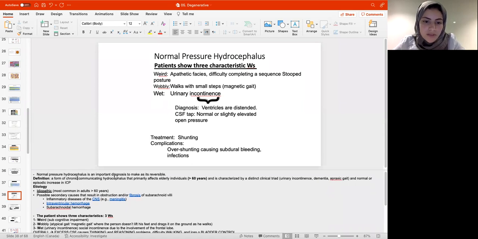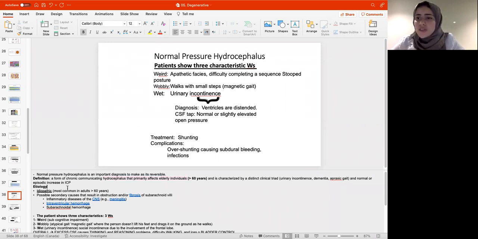It primarily affects elderly individuals, and the reason why he put it here is because it causes dementia, because of all this CSF accumulating. It can cause the triad that I mentioned, urinary incontinence, dementia, and the gait, the magnetic gait, okay?